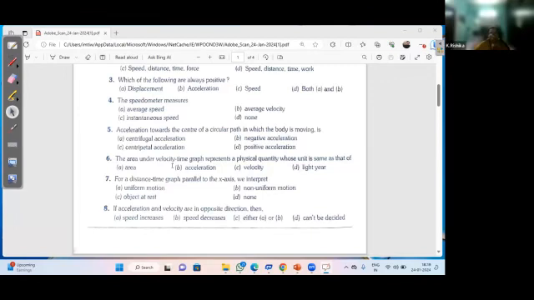Sir, no. Acceleration is obtained by the gradient of the velocity time graph. That means the slope of the velocity time graph gives you the acceleration. So the area under the velocity time graph represents what?